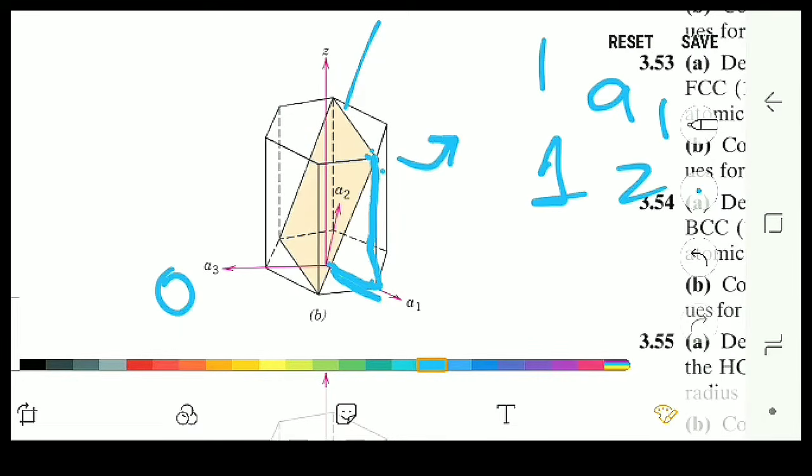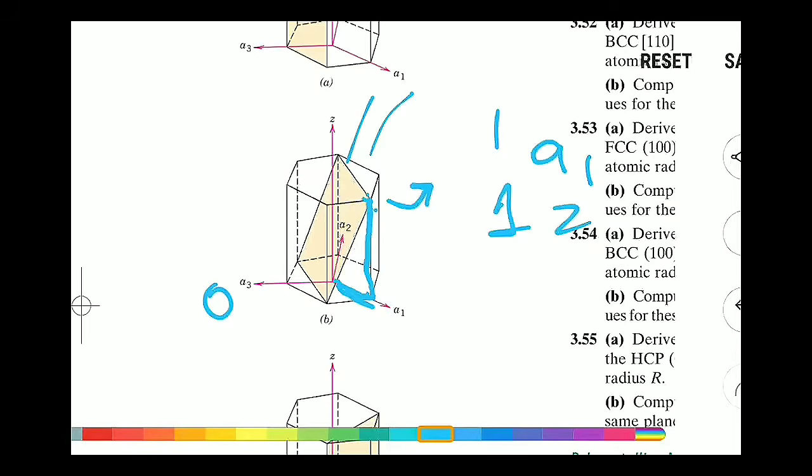We are considering only a1, a2 and z axis here, and in accordance with the equation's requirement, the a3 axis is not considered. So no motion is required along the a2 direction, and hence for a1 the coordinate is 1, for a2 the coordinate is 0, and for z the coordinate is 1.